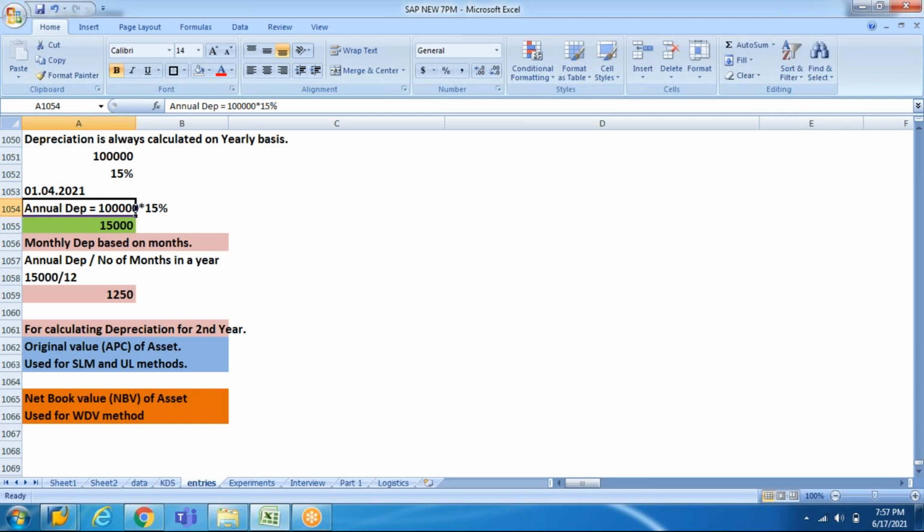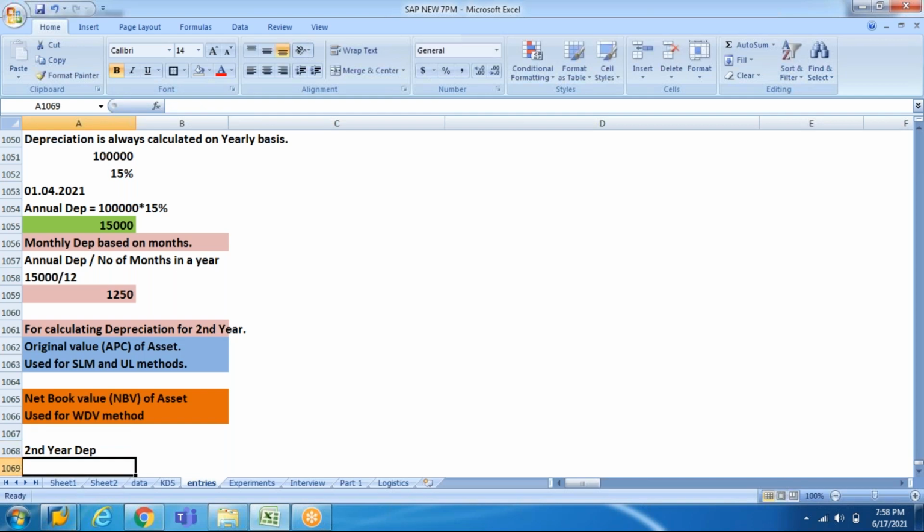Right. So for the second year depreciation, since our asset is using the straight line method, we need to take the same value, which means for the second year also you will get the same depreciation of 15,000. Agree? Let me write it.